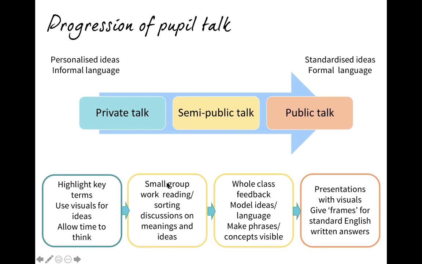In the classroom, we'd move to small group work and discussions, and this can still be done online, but it's more difficult. By modeling language, making phrases and concepts visible, and providing students with opportunities to interact with different kinds of phrases and sentence structures. And then asking students to do presentations with visuals or giving frames for written answers or for spoken answers when they present.